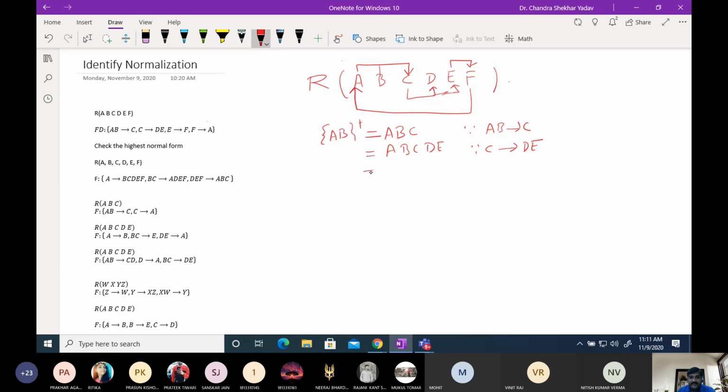Again, E determines F, then we can associate F. And again, F determines A, and A is already in the closure of AB. So we can say that the set of attributes A and B determines all the attributes of R. This is equivalent to R. So AB is a candidate key.